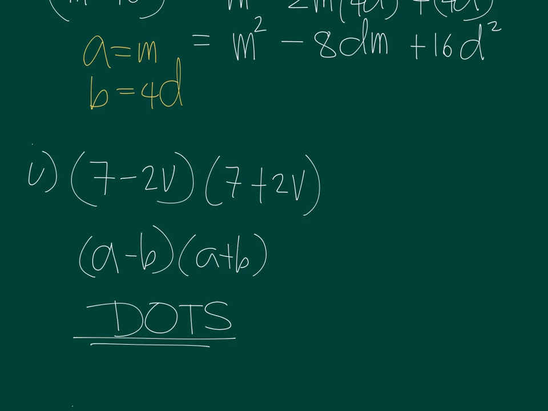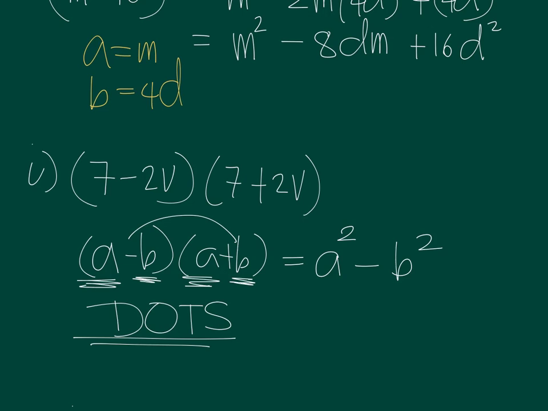If you have the difference of two squares, then the expanded form is simply the square of the first minus the square of the second. This can only happen if the first terms are the same, the second terms are the same, and the signs in between are opposite of each other: minus plus or plus minus.